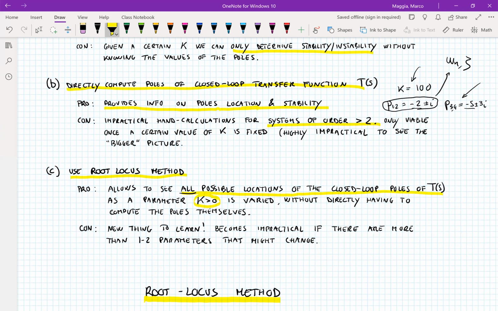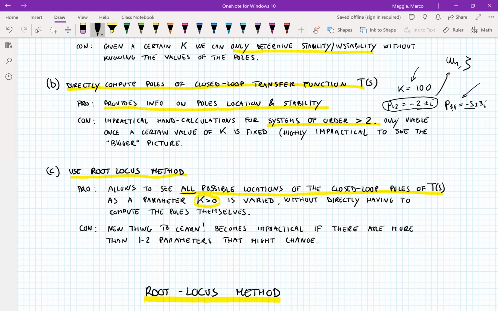It will give you all the poles for all the values of K greater than or equal to 0. And so you don't have to specify a value of K, compute the poles, draw them on the S-plane, then change the value of K, recompute the new poles, and draw them again. Doing that would be highly impractical, as I repeat once again.